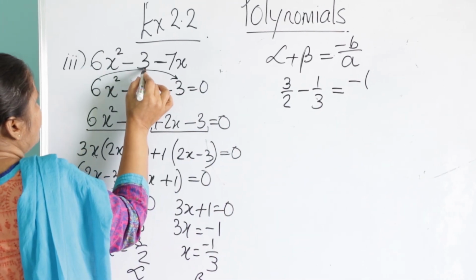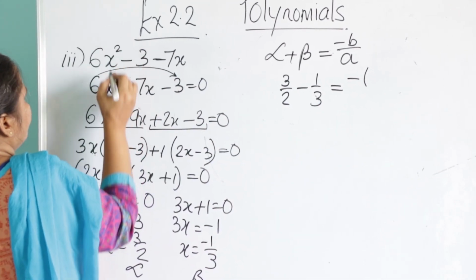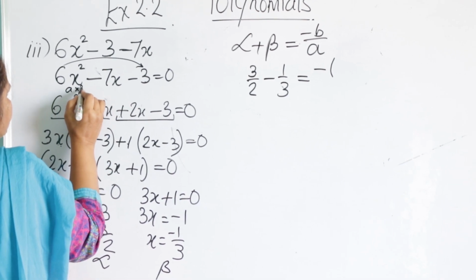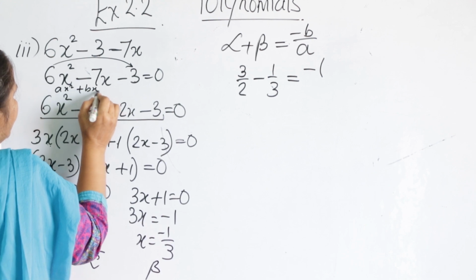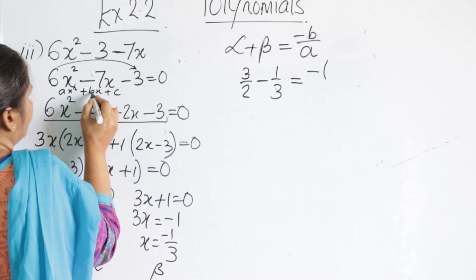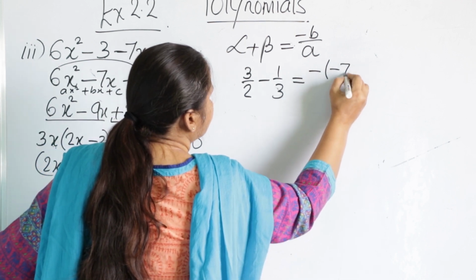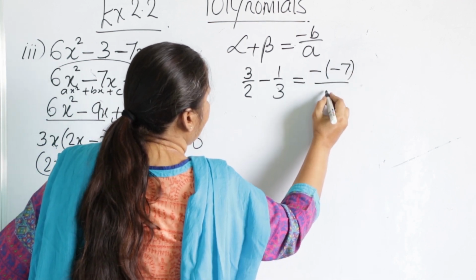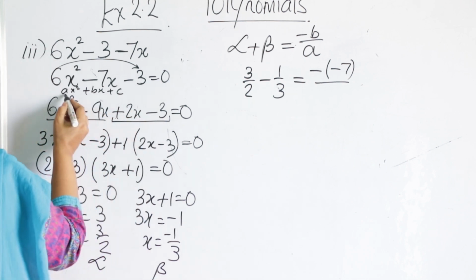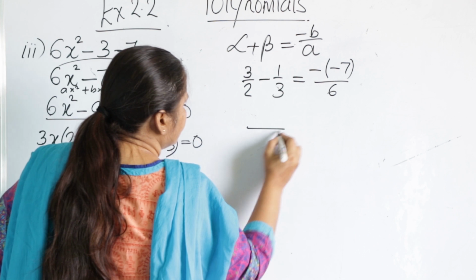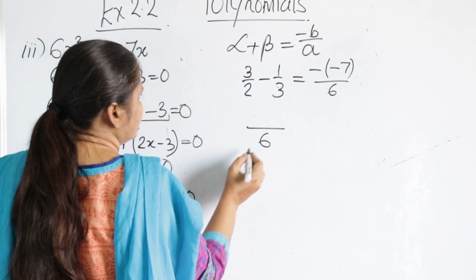Now b is this, in a x square plus bx plus c. So b is minus 7, divided by, what is a here? 6. LCM is 6, right?